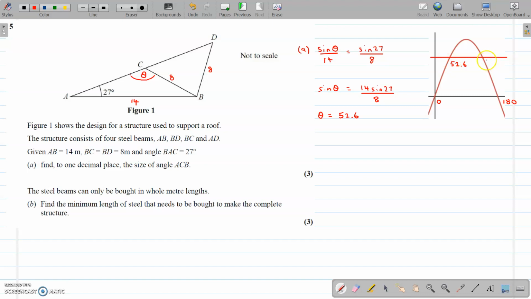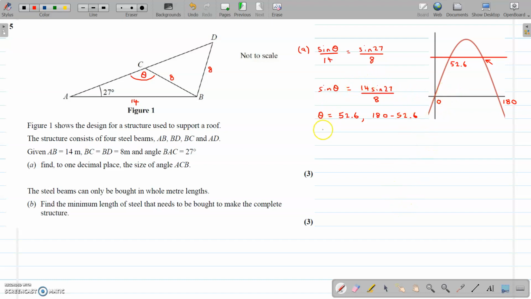So this one here is the one we're interested in, which is the obtuse angle, and that comes from 180 minus 52.6, which is the one we want. So I've given 2 possible values of theta, and of course there are many more because the sine curve continues, but these would be the ones we would be interested in, and in particular the second one.